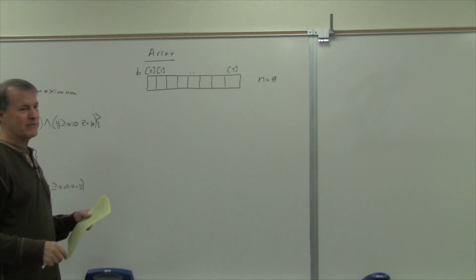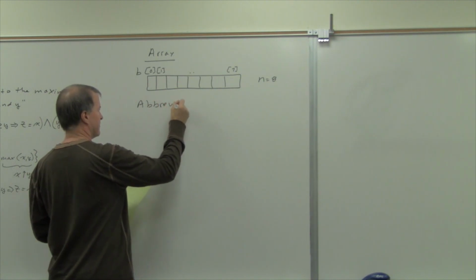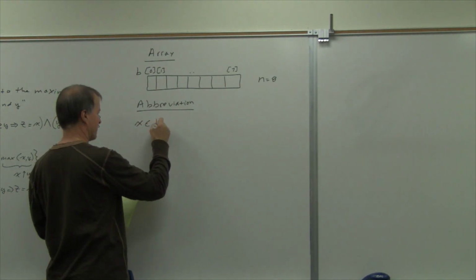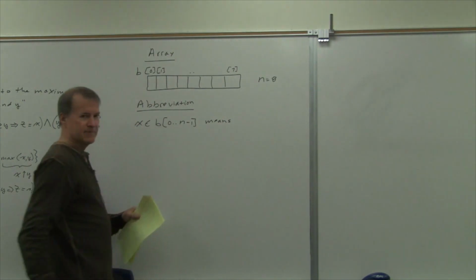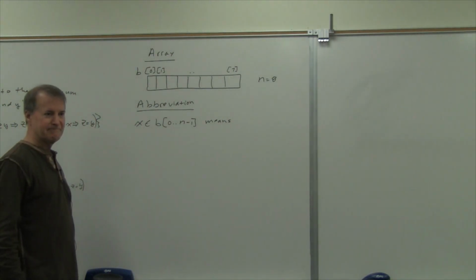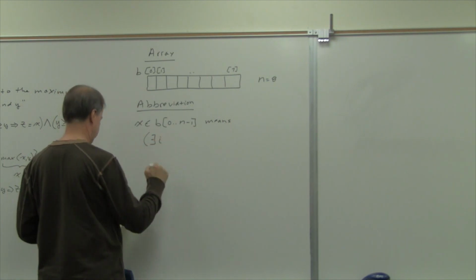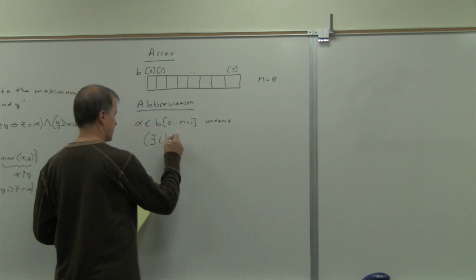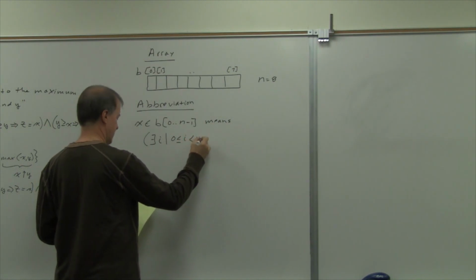And now, so that we don't have to do a whole lot of writing, let's use this abbreviation. Let's say that we can write it like this: x is an element of B, 0 dot dot n minus 1 means... who's next? Isn't it that there exists an i in the range 0 to n, 0 less than or equal to i, less than n, such that x equals B sub i?